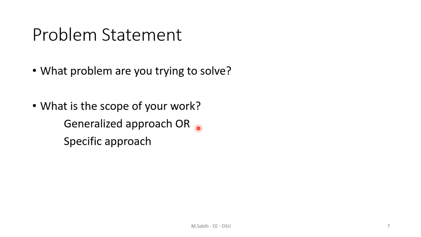Generalized means, for example, you might be working on a solution for the battery system for electrical vehicles, या हम specific हो जाते हैं कि for example battery system for the Prius, and we are trying to solve some specific issue of the battery system related to the Prius या टोयोटा की किसी गाड़ी के लिए. और of course, while writing the problem statement, too much use of jargons we should avoid. ऐसा नहीं होता, शुरू में आप काम करते हैं it looks like this paper has solved every sort of problem.